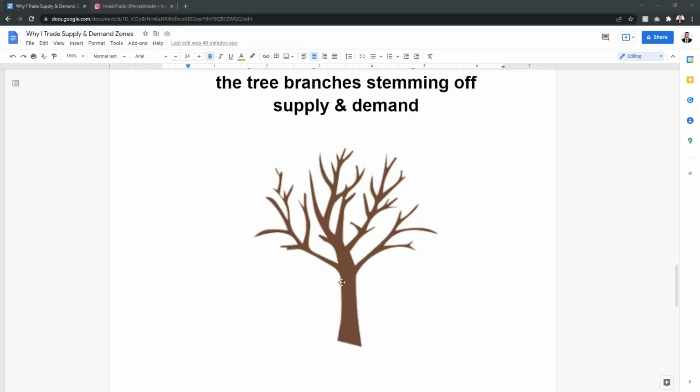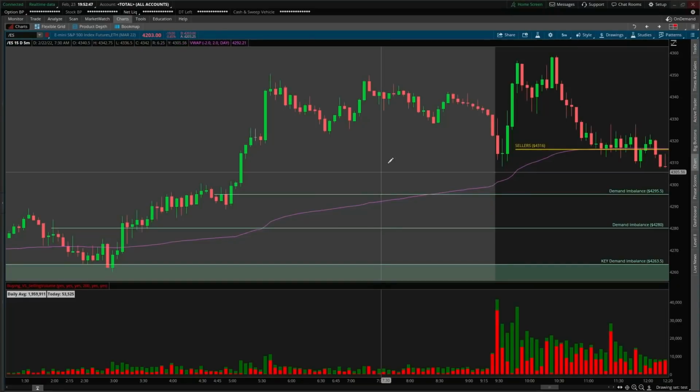So think of the trunk as supply and demand, and the other branches are other possible trading strategies that you could bounce off price imbalances and have this confluence for a high quality trading style, technique, strategy, whatever you want to call it.